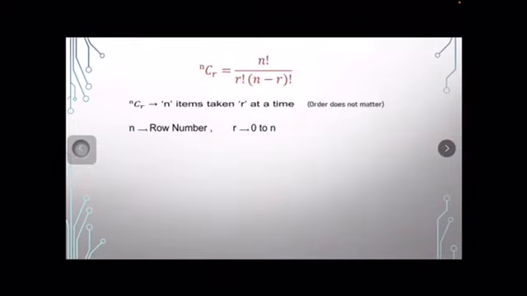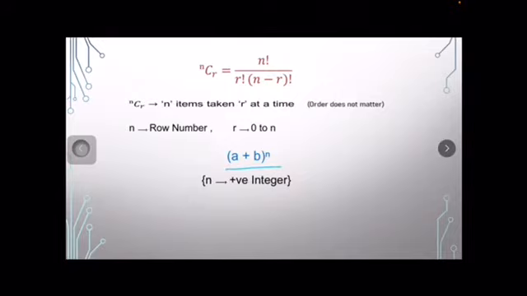Okay. So next, suppose you want to find the expansion of a plus b raised to the power n, where n is a positive integer. How can you find the expansion of a plus b raised to the power n?